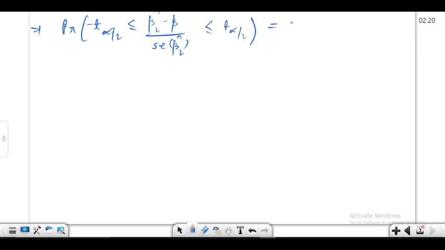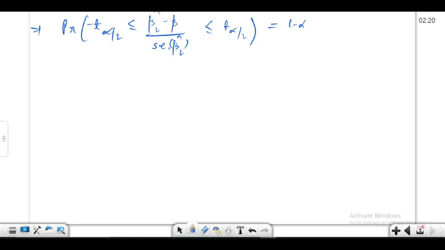Okay, so this implies the probability that minus t alpha by 2 is less than beta 2 hat minus beta 2, I'm just putting the value of t here, over the standard error of beta 2 hat, less than t alpha by 2, is equal to 1 minus alpha.